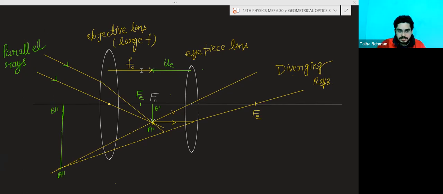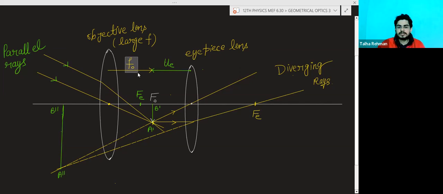And this distance, basically the distance between the focus of the objective and the optical center of the eyepiece, will be the object distance, because the object is here with respect to this eyepiece lens.